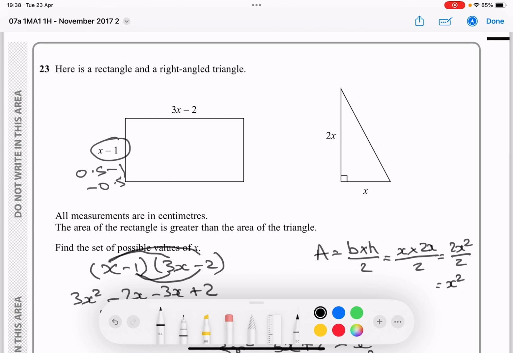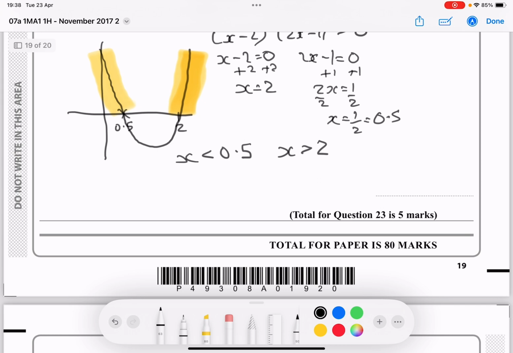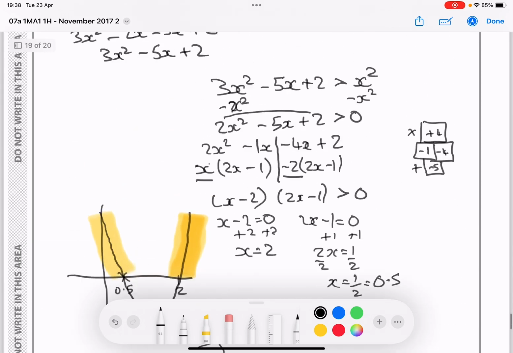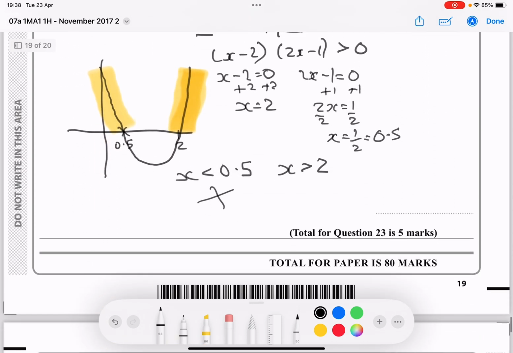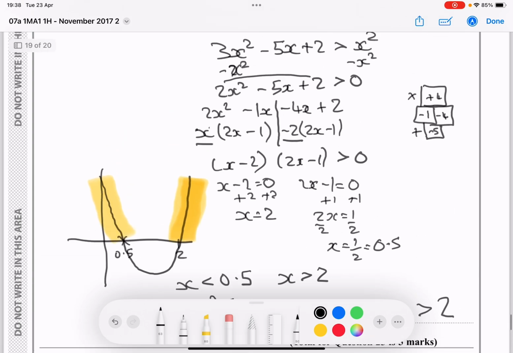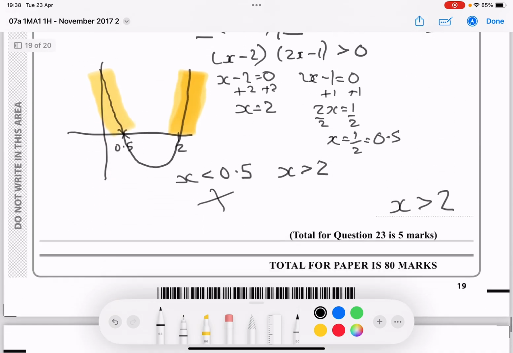Well, I can't have a negative length, so I know that inequality doesn't work for this question, but of course greater than 2 does work, so the answer is x is greater than 2. Let me just check, find the set of possible values of x. That is it.